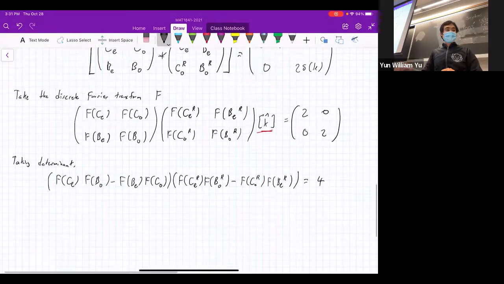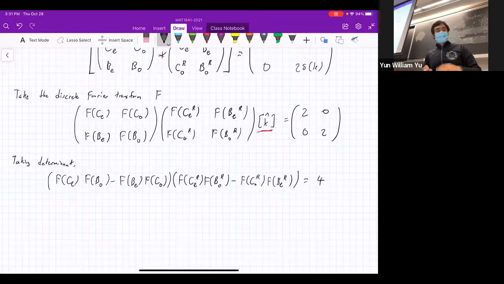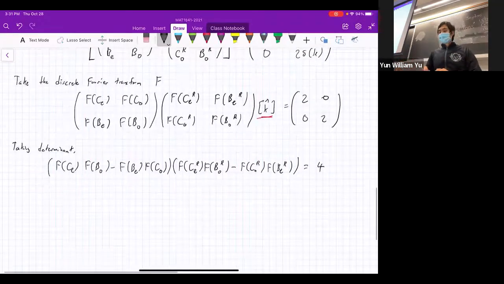Okay. So now this is in frequency space, and we know that this is all equal to 4. And you'll notice that the left term and the right term look very similar, except one is reversed and the other one isn't.